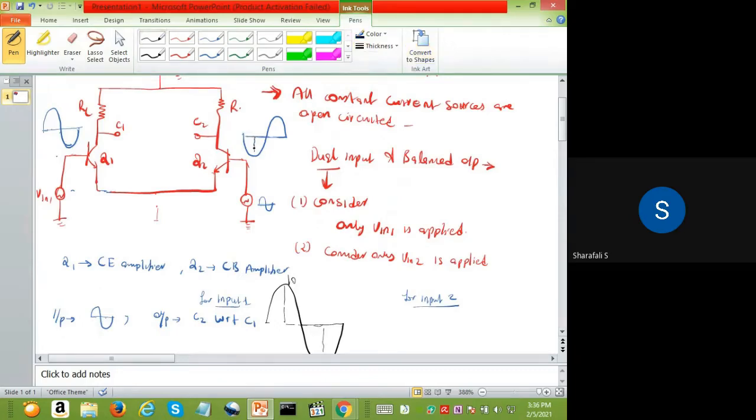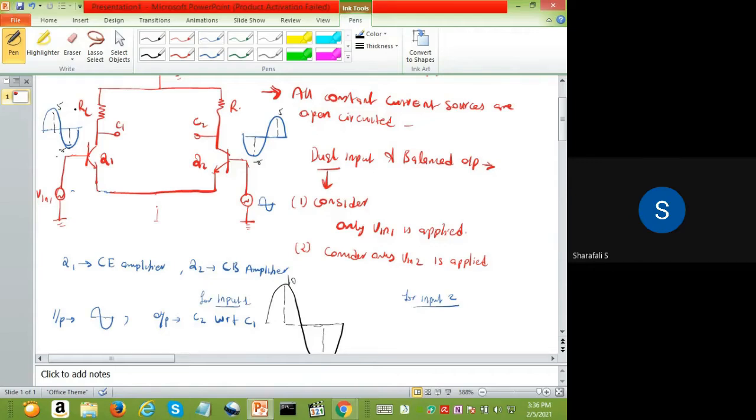This is minus 5, this is 5. I'm just taking 5 as an example. Now this is minus 5, and I have to take C2 with respect to C1. So minus 5 minus 5 will come here, so the total will become minus 10.